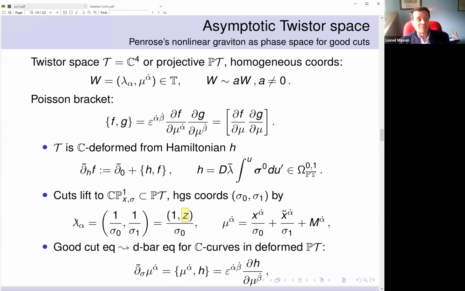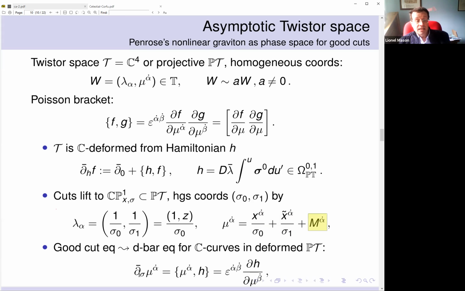Everything actually has weight -1 in these homogeneous coordinates. And then this kind of perturbation away from the flat case is going to be given by this capital N here. Anyway, the good cut equation now is this d bar equation that tells you that the complex curve inside this deformed twistor space has to be holomorphic. And that equation comes out like this in terms of the Poisson bracket.